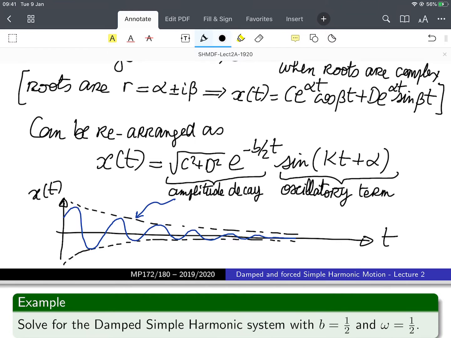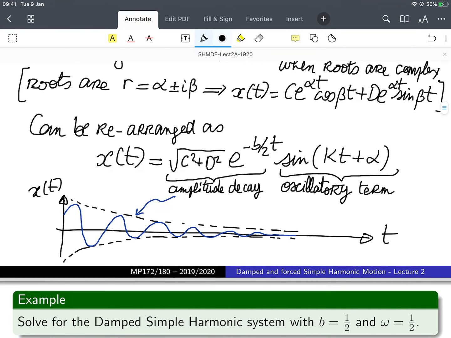And that's typical of a damped solution to the equation above. Okay, so this was all very general.